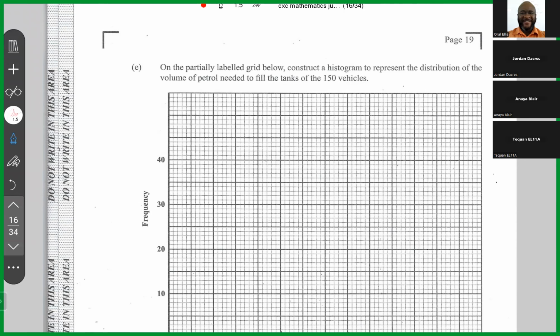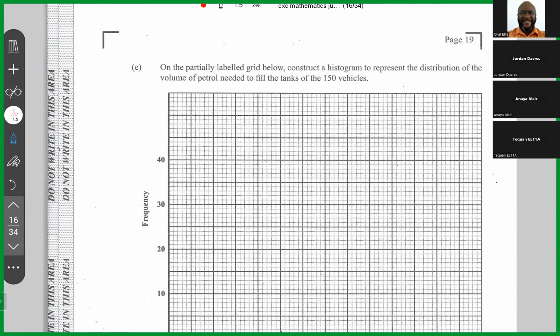All right, now to draw this, we're going to need the upper class boundary. Did he tell us what scale to use? I don't see anybody telling me what scale to use.